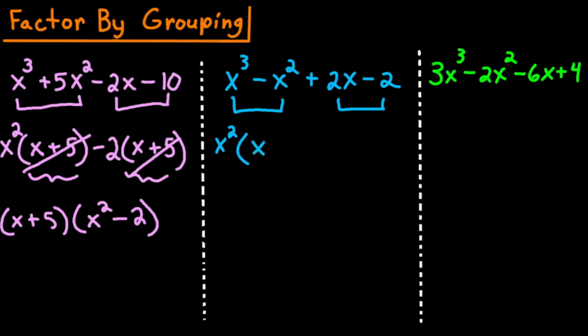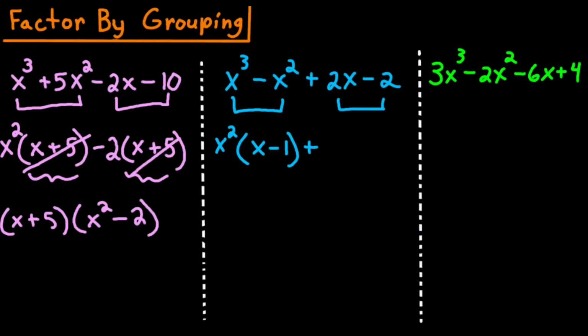We have x, right? Because x cubed divided by x squared, you take off 2 of the x's, you're left with x to the first power, which is just x. Keep the sign going, minus x squared divided by x squared. Any number divided by itself is going to give you a 1, right? 3 divided by 3 is 1. x squared divided by x squared is 1. 1 million divided by 1 million is 1.